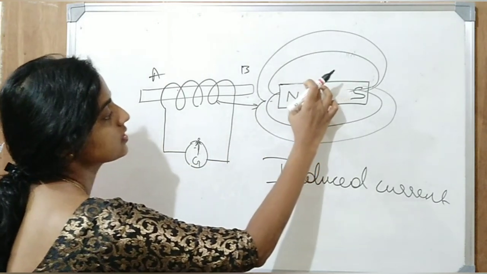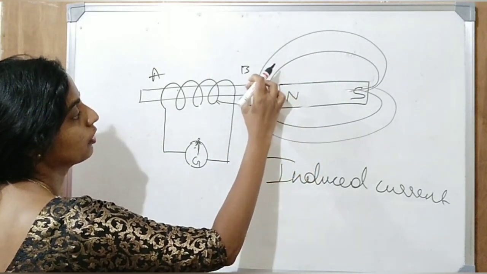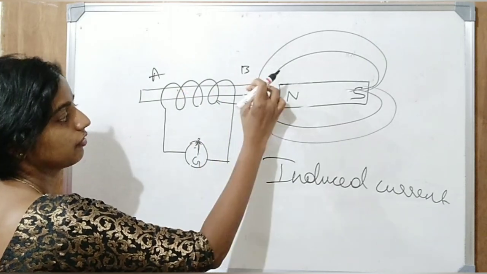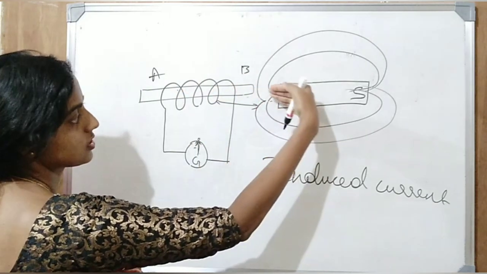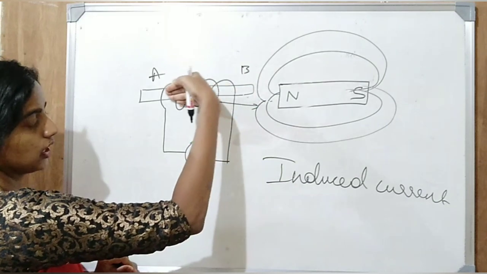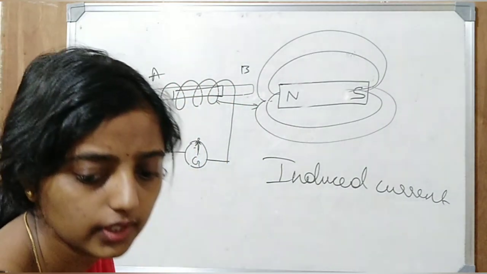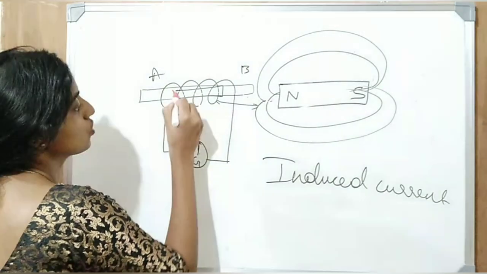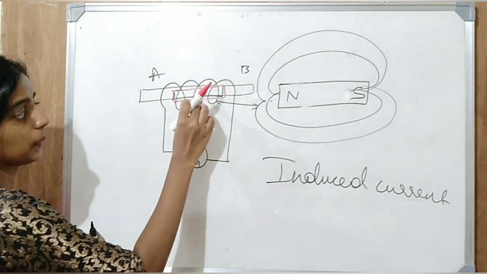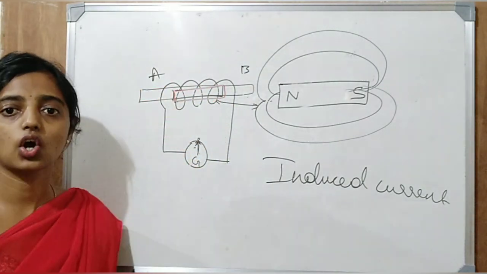Then if the magnet is cylindrical and moves inside the coil, it will start moving from outside to inside the coil.